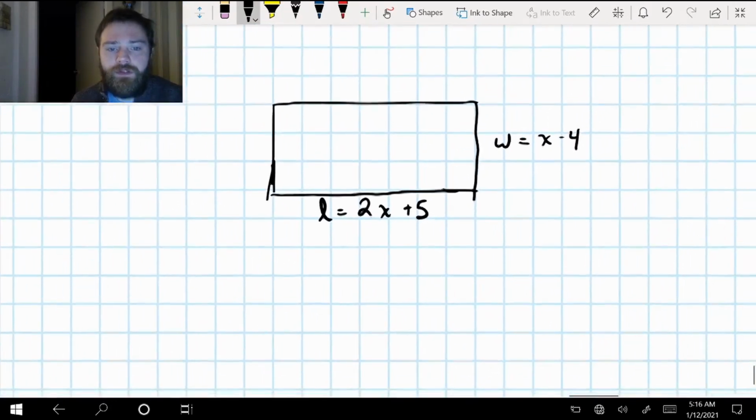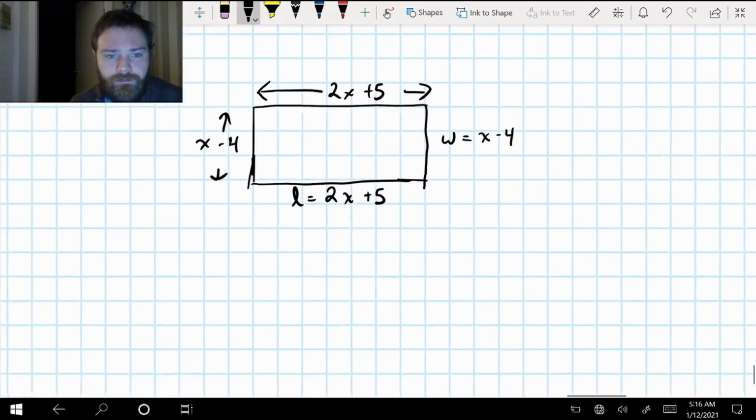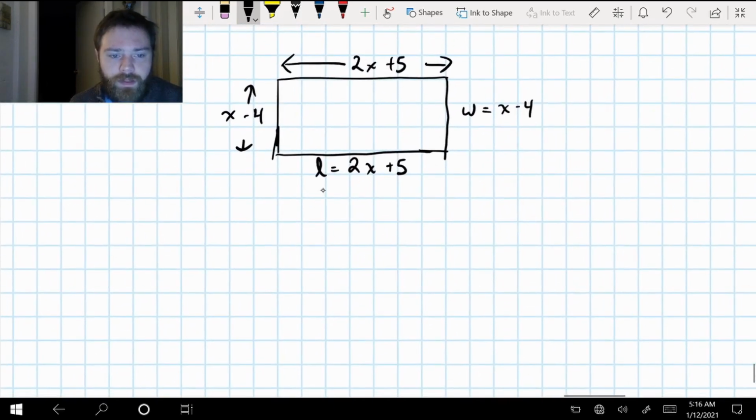Okay? So since this is a rectangle, we know these parallel sides are going to be the same. So this length over here is x minus 4, right? And then this length over here is 2x plus 5. And then it tells me that the perimeter is equal to 44 inches, okay?